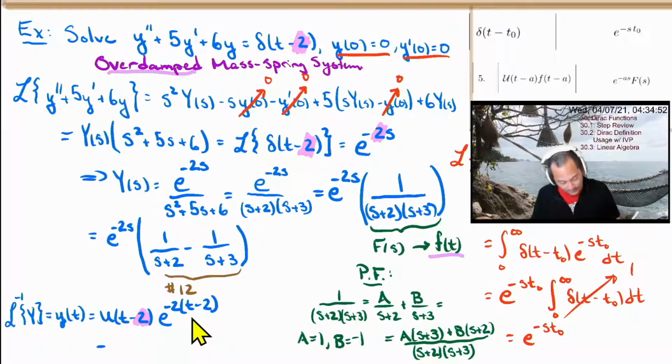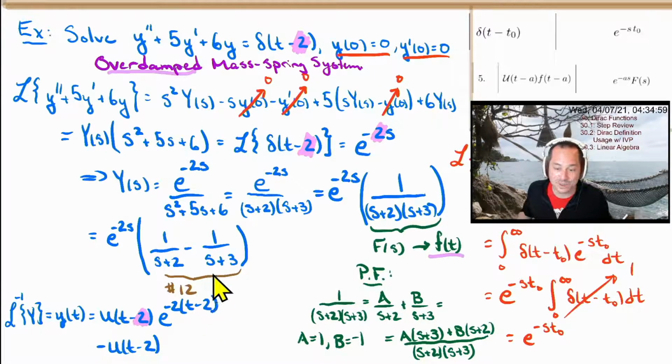So then I subtract from that u of t minus 2. But then I have from this second term e to the negative 3t, but I don't want e to the negative 3t because this thing's got to wait 2 seconds too. So I have e to the negative 3 times t minus 2.